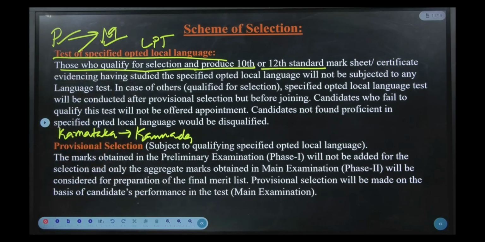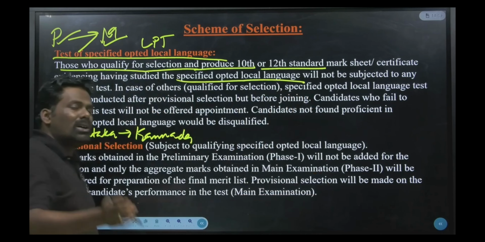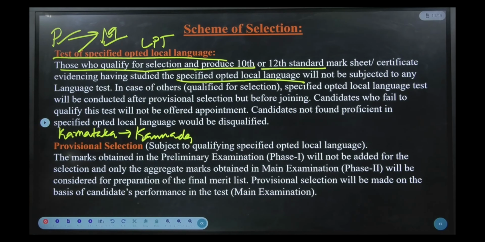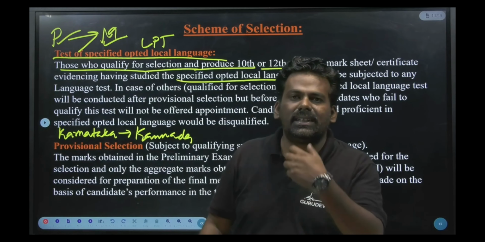In that marks card, you should have that specified opted local language as one of the subjects. It means you should have studied that subject in your 10th or 12th. In that case, there will not be any kind of language proficiency test.